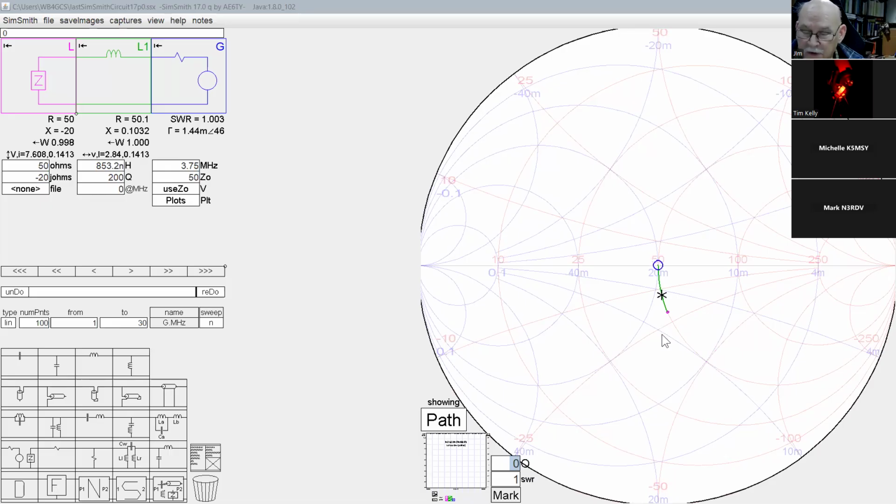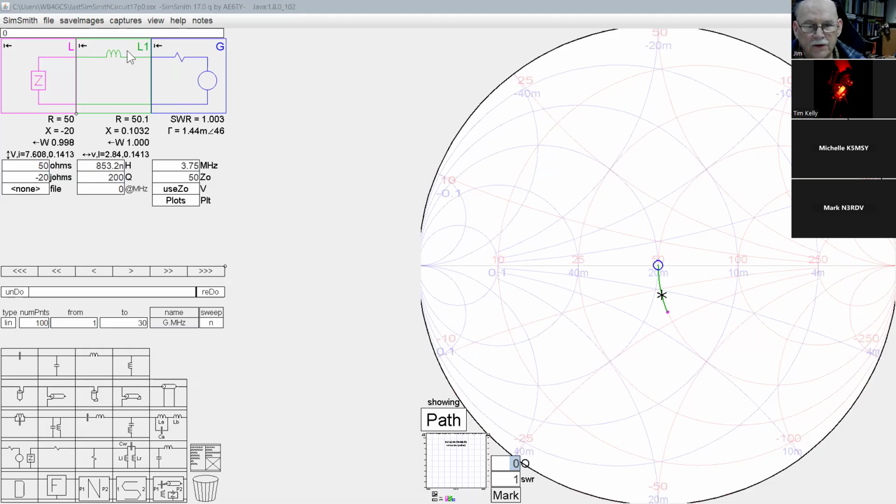So I move to the zero reactance line, and on a paper Smith chart, I have to look at how much normalized reactance I'm adding from here to here. But this is a peek into the SimSmith software. All I did to create this was move the mouse wheel. I clicked on here and moved the mouse wheel until I got to where I wanted to be.